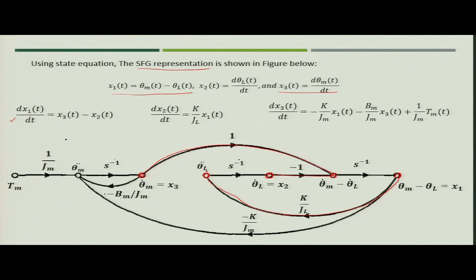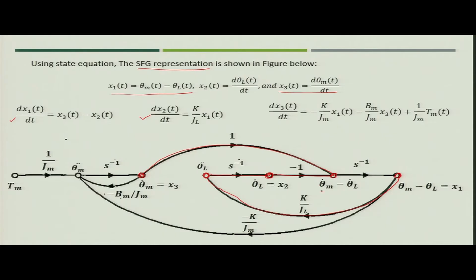Now, theta l double dot, if you integrate, you will get theta l dot, that is nothing but x2. So, you have one integrator link with s to the power -1, that is nothing but 1 by s. So, you integrate theta l double dot to get theta l dot. So, this section is complete with respect to these two equations.